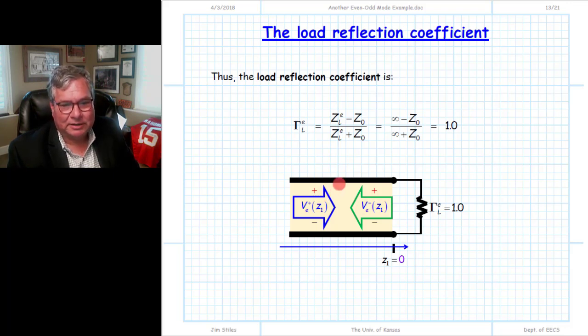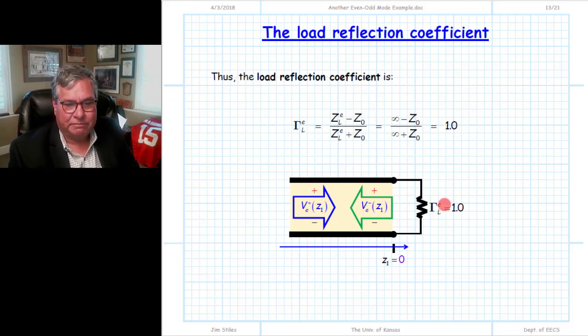We have a transmission line that's terminated in an open circuit. We know the load reflection coefficient for that has a value of 1. And so this becomes our load reflection coefficient, a value of 1 for the open circuit. Now I'll put the superscript E here to denote that this is for the even mode analysis. This resulted, remember, from the fact that we applied a virtual open because of our even mode symmetry.